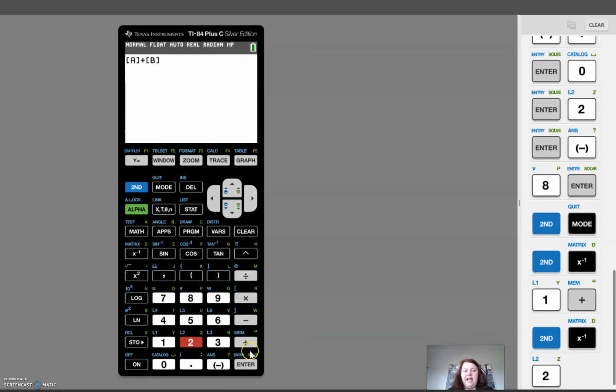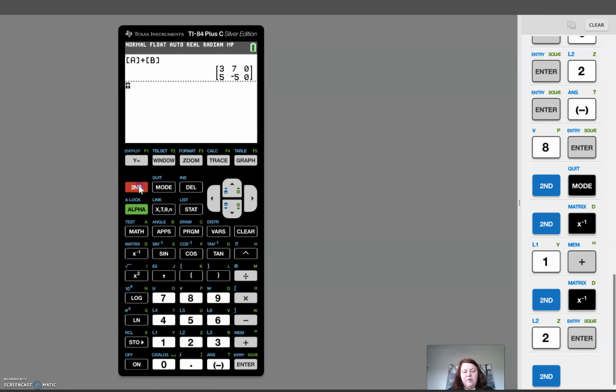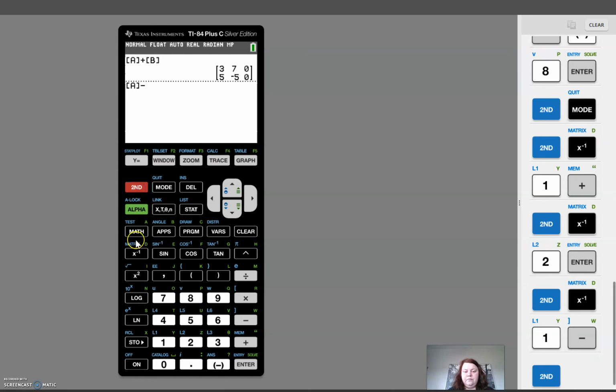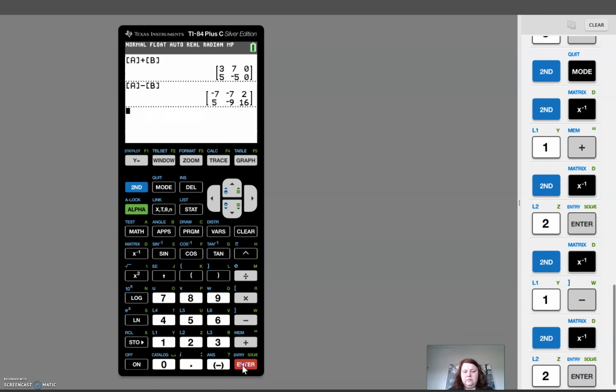So I have A plus B, we press enter, and it should give us our answer. Just to practice, I'm going to go ahead and do A minus B. Pretty much the same steps, except this time I'm going to press minus instead of plus. And so this time I get -7, -7, 2, 5, -9, 16.